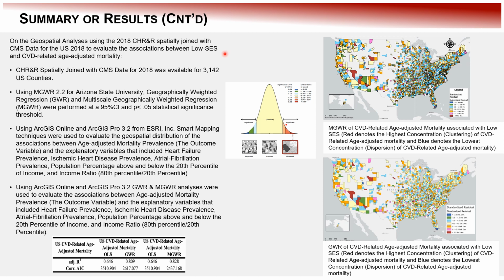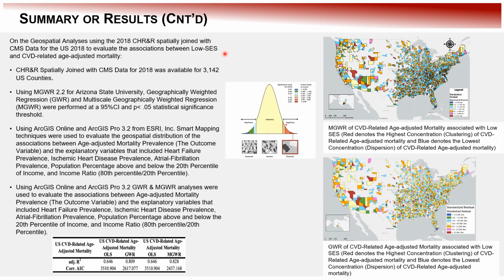We also use ArcGIS Online and ArcGIS Pro 3.2 to evaluate the distribution of the geospatial relationships between social determinants, low income, low socioeconomic status, and age-adjusted mortality, as we'll see following.